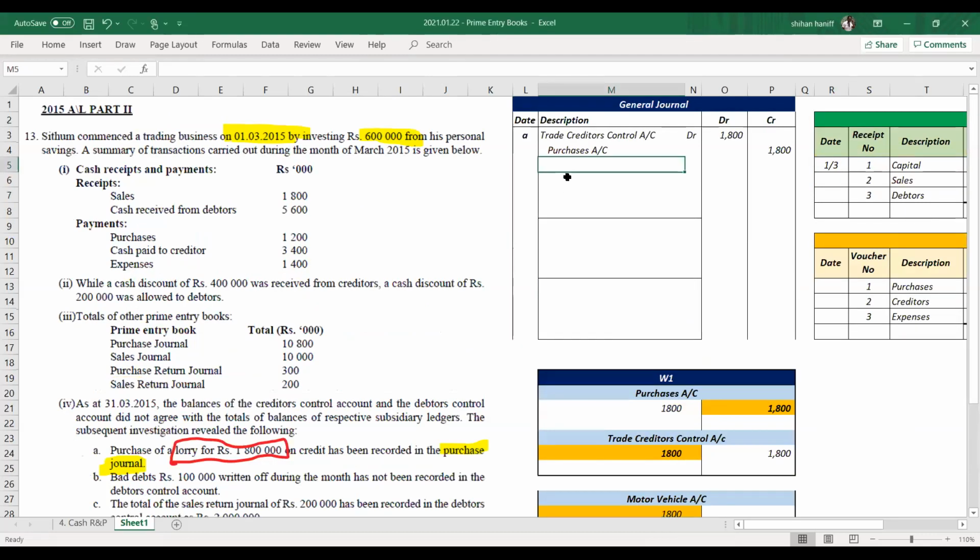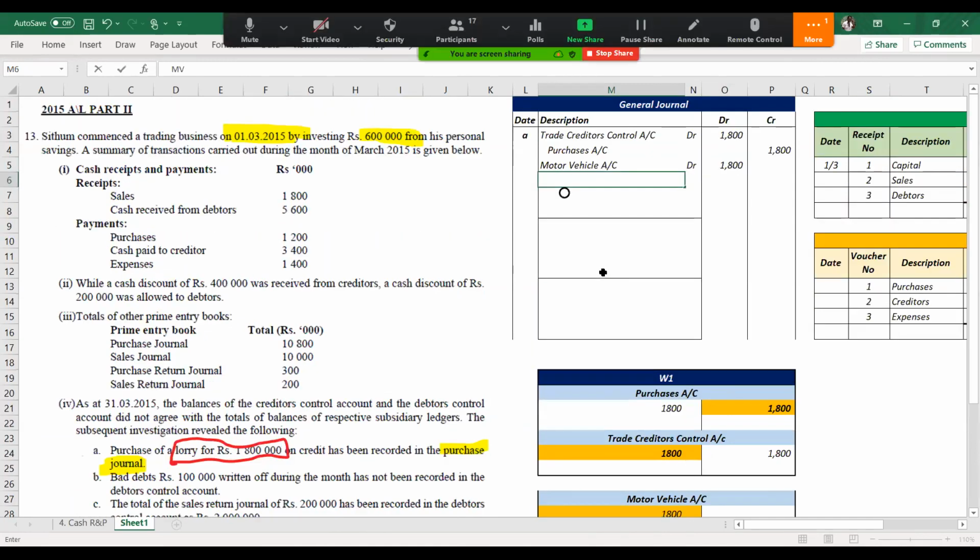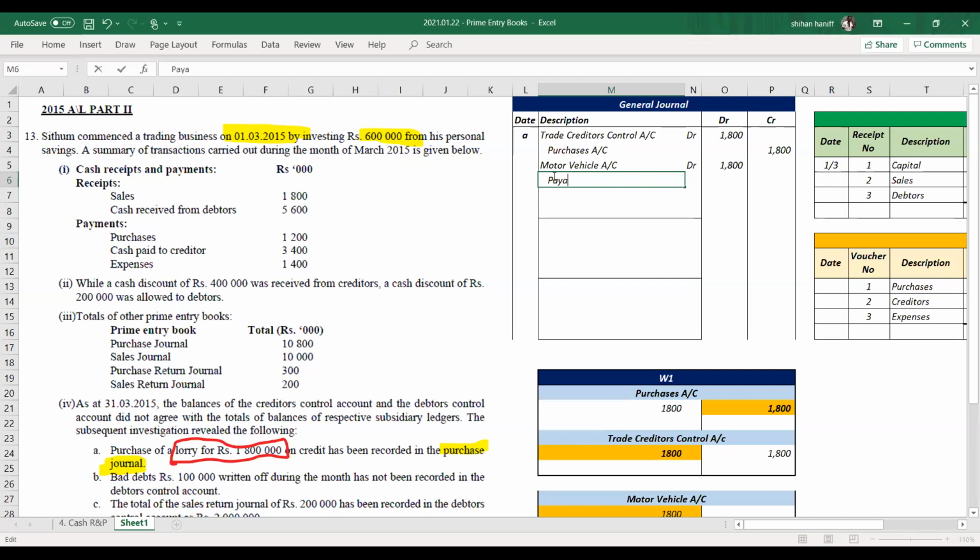Trade creditors account debit, purchases account credit, then motor vehicle account debit, motor vehicle payables credit 1.8 million.